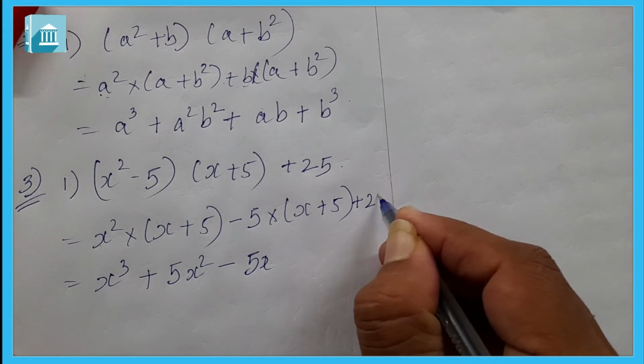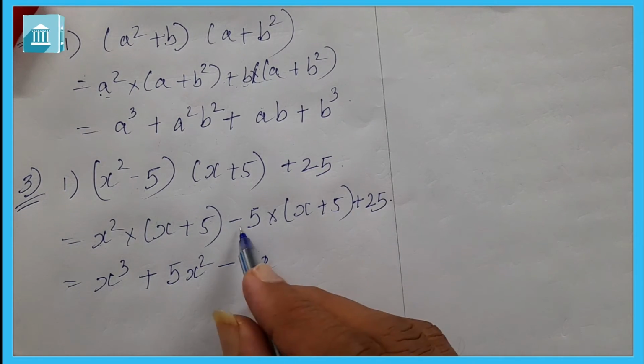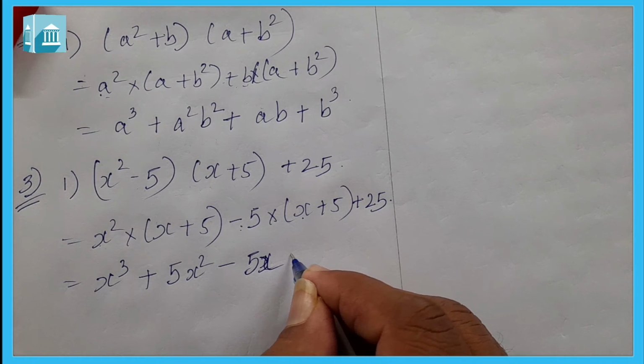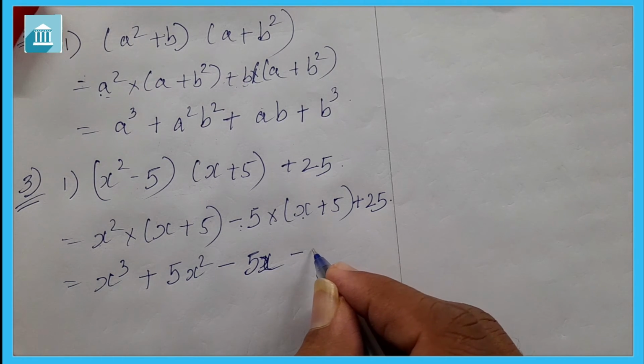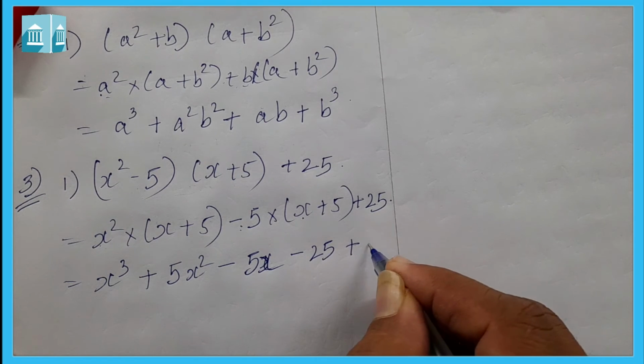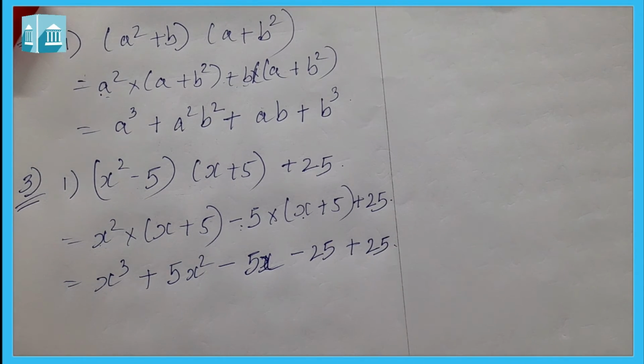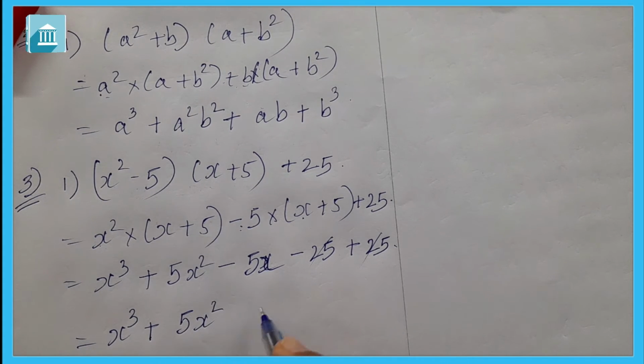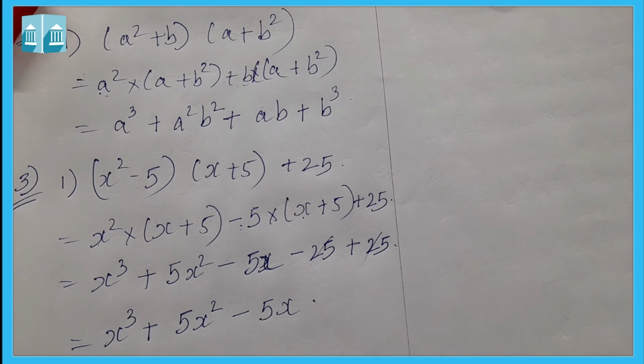Sorry, here plus 25 is also there, so we are going to write plus 25, minus 5 into x, so it is 5x, minus 5 into 5, that will be minus 25 plus 25. Now minus 25 plus 25 cut, so the answer is x cube plus 5x square minus 5x.